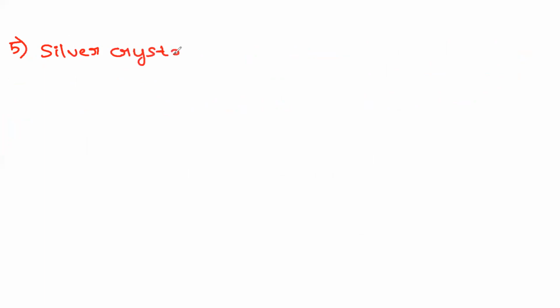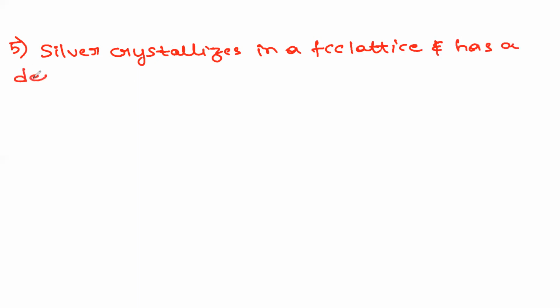Silver crystallizes in a FCC lattice and has a density of 10.6 grams per centimeter cube.